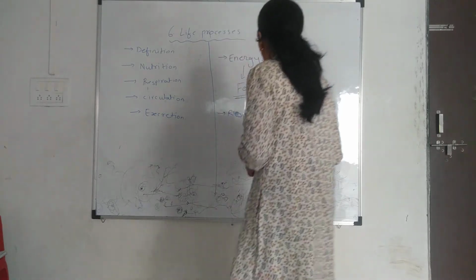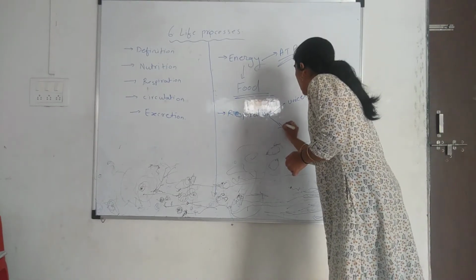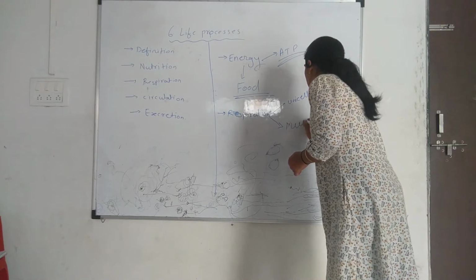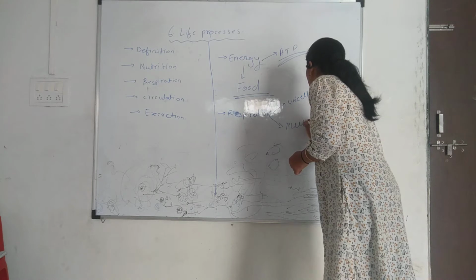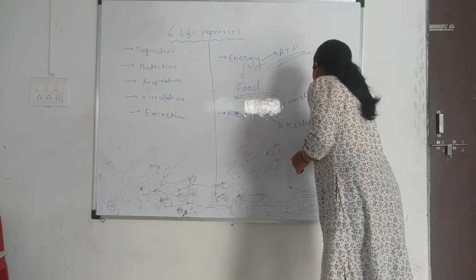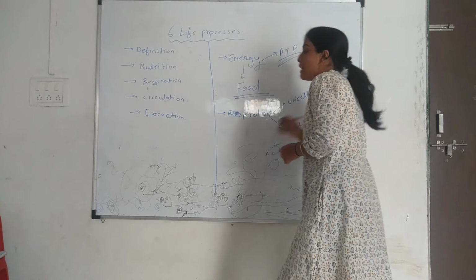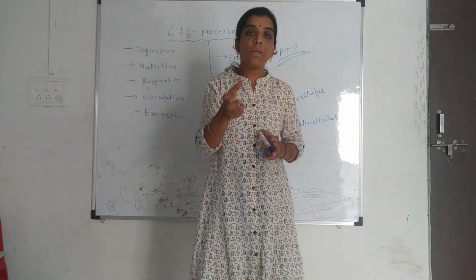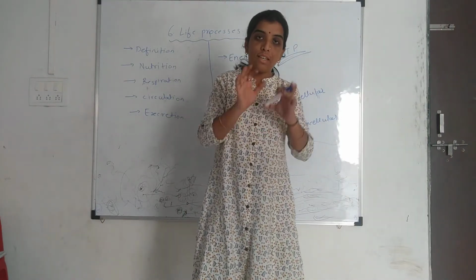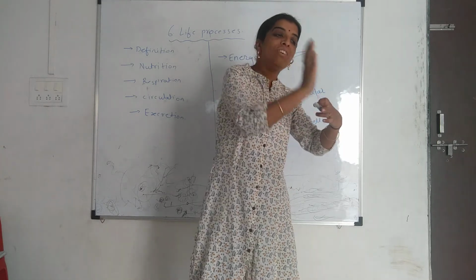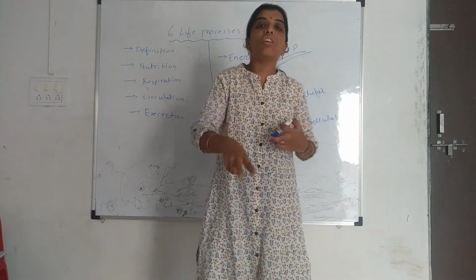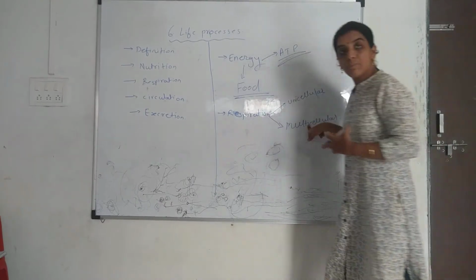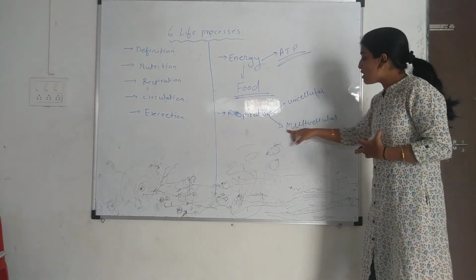In the case of multicellular organisms, the name itself suggests, multicellular means what? Many cells. Means they have specific cells for specific structures. So for the respiration also they have specific cells.